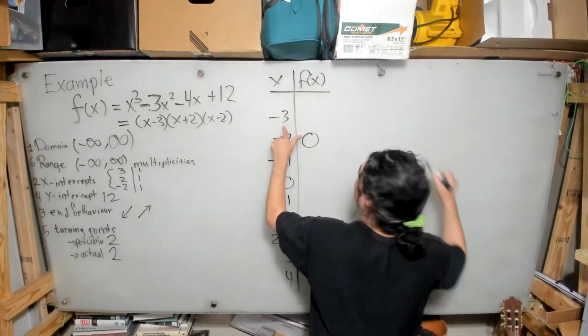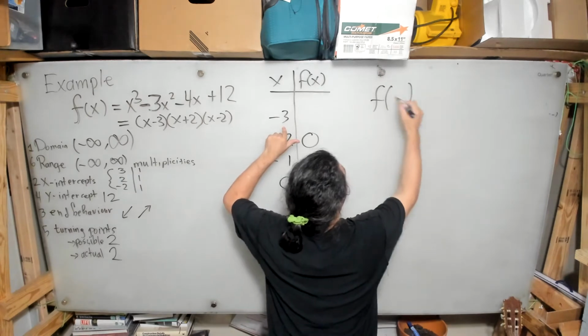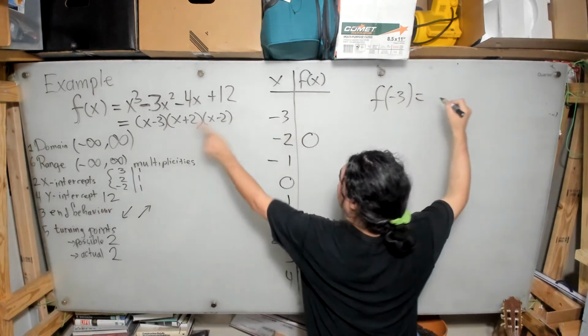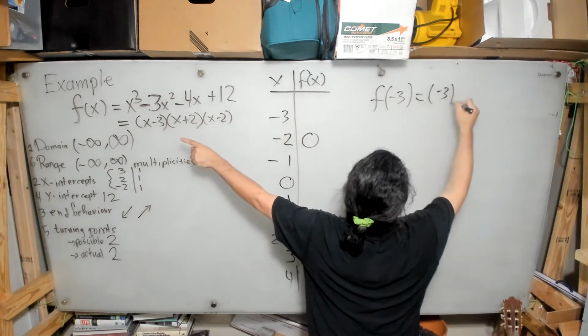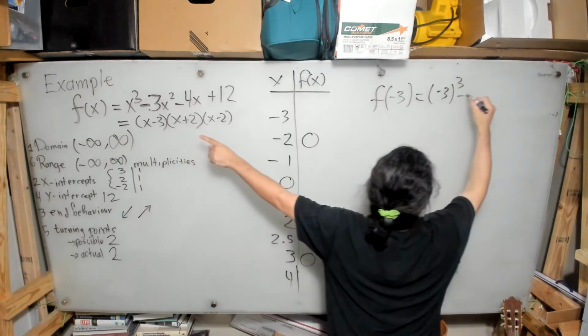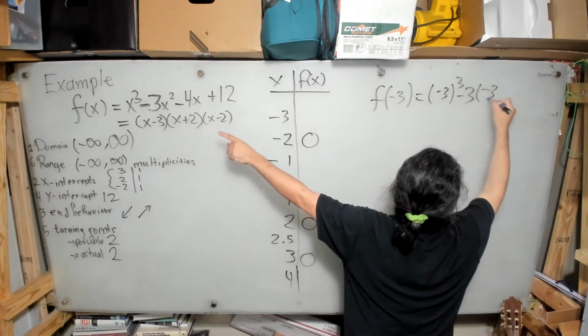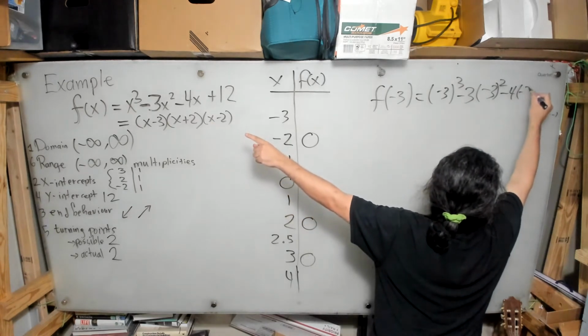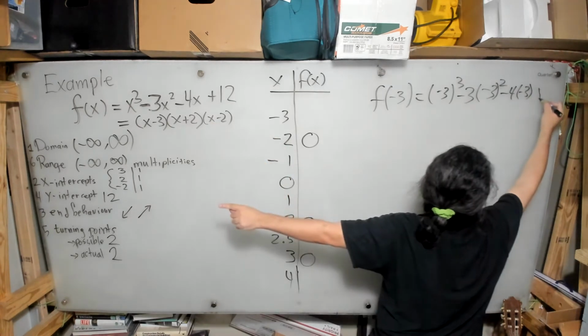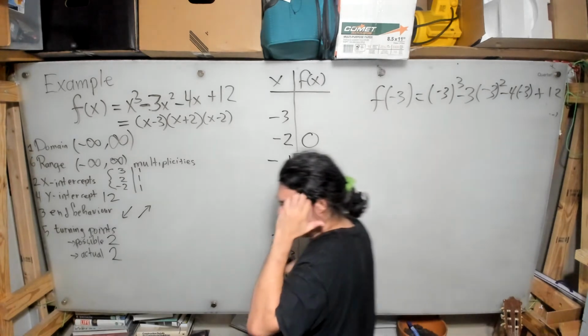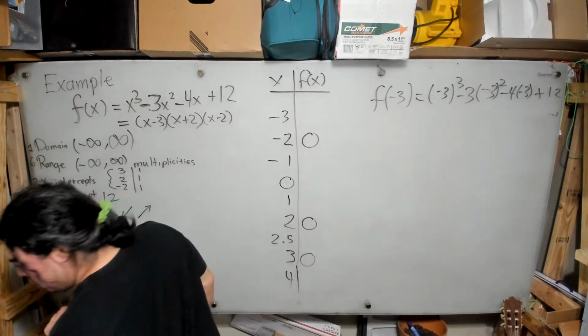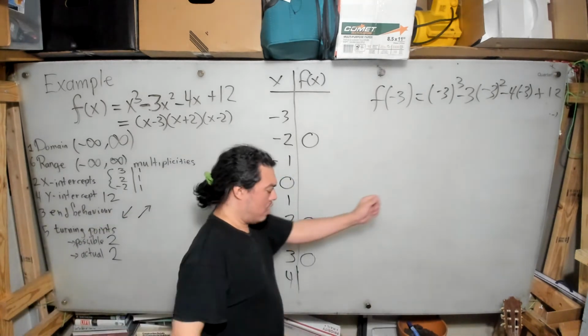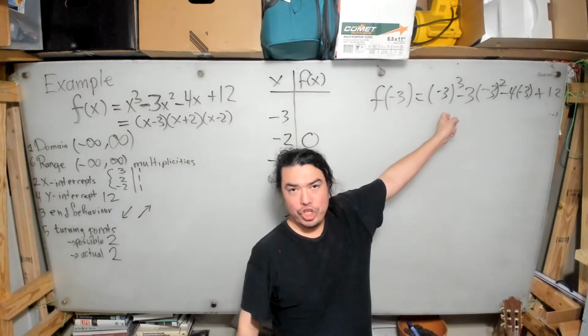Let's start with -3. What is f of -3? F of -3 is -3 cubed minus 3 times -3 squared minus 4 times -3 plus 12. Okay. So now, what does -3 cubed mean?